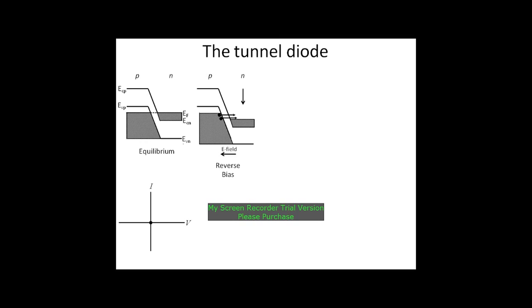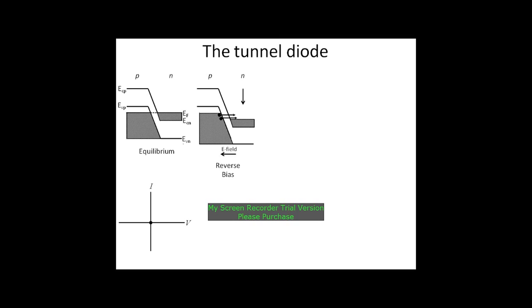When this reverse bias is applied, the N bands shift downwards, and therefore the electrons in the valence band in the P region can tunnel across this boundary and enter into a lower energy state in the conduction band of the N region.